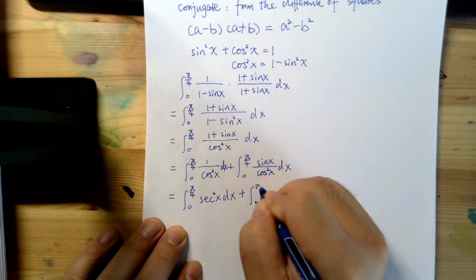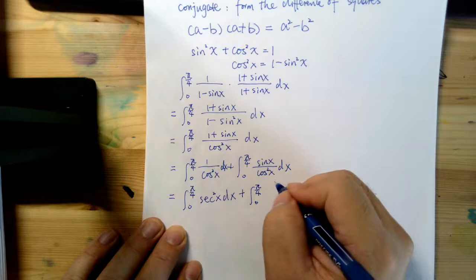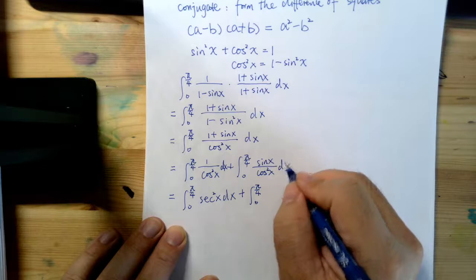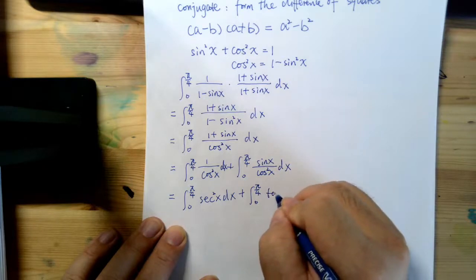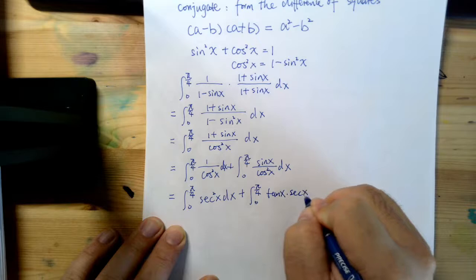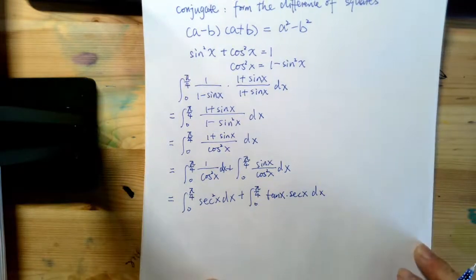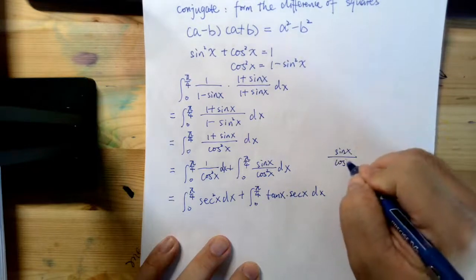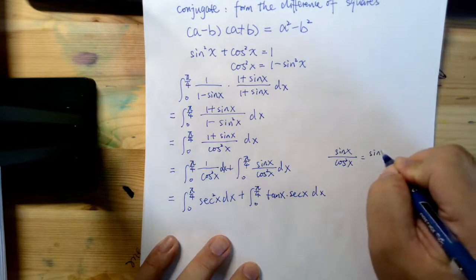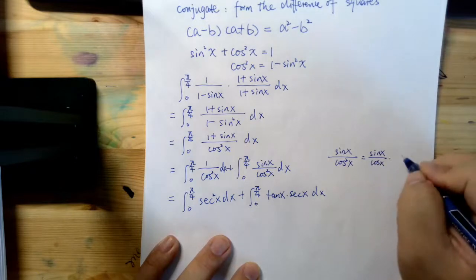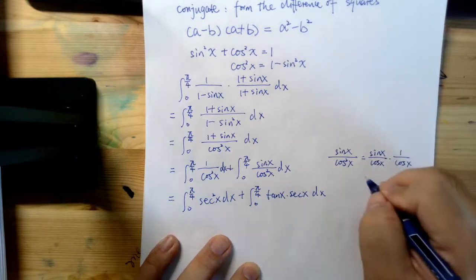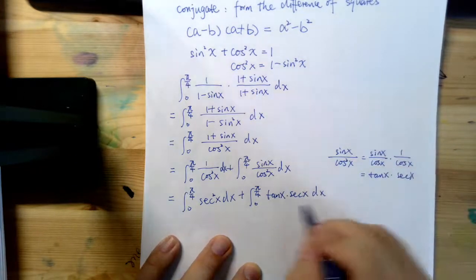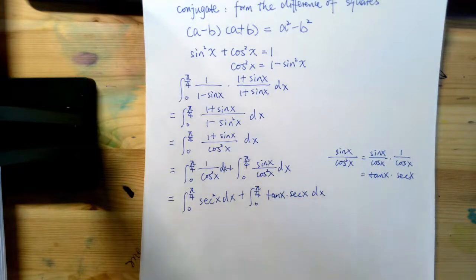Then sine over cosine squared x can be written as sine x over cosine x times 1 over cosine x, which is tan x times secant x, and then dx. A little explanation here: sine x over cosine squared x can be written as sine x over cosine x times 1 over cosine x. That is tan x times secant x. That's how we get here.